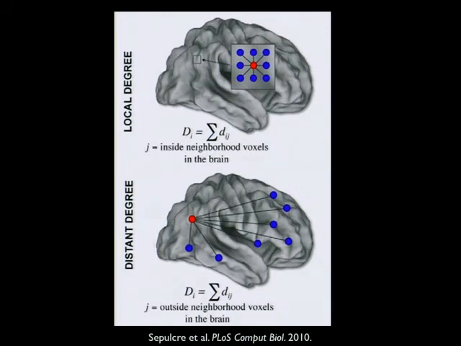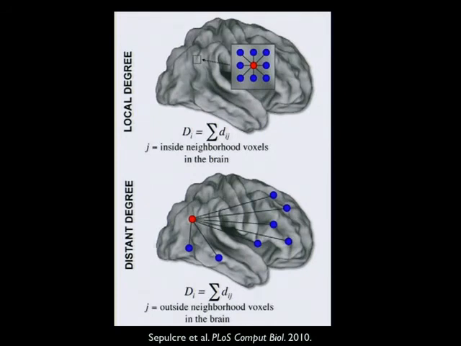So Jorge Sepulcre looked at differences in connectivity between small world networks, meaning more local areas of connectivity, and then areas outside of those small world networks, or more distant connectivity measures.